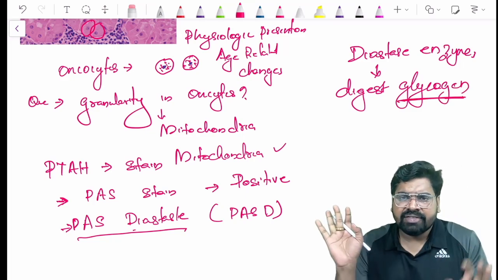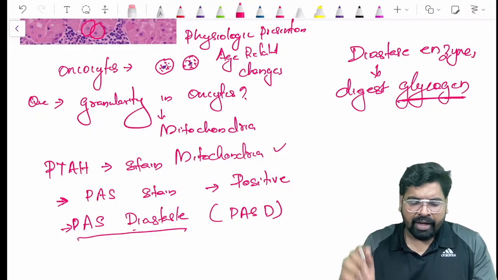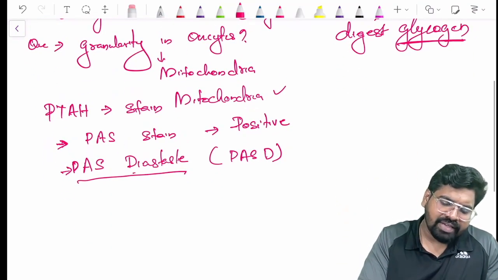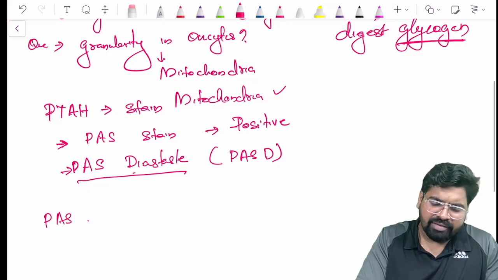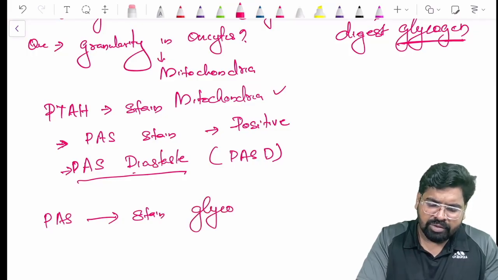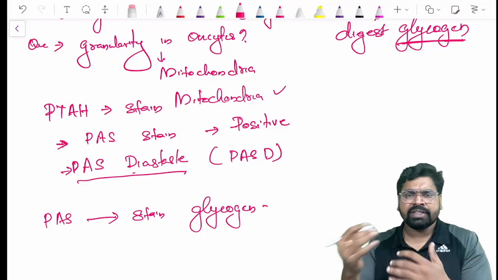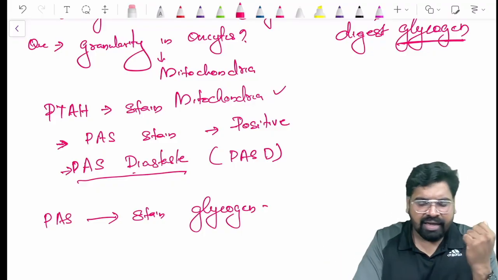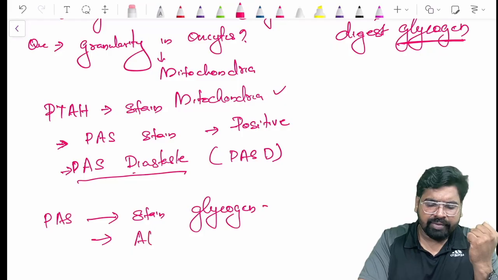The function of diastase is to digest glycogen. Simple. Now you know that PAS will stain glycogen and give a magenta color. PAS will stain other aldehyde groups.